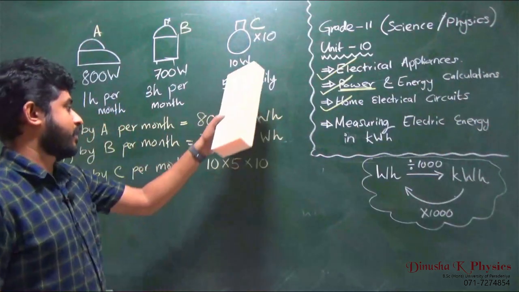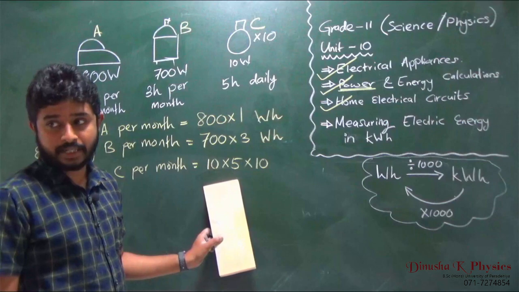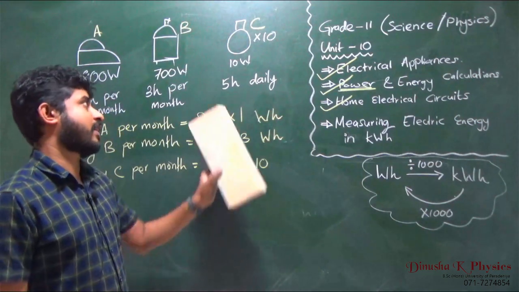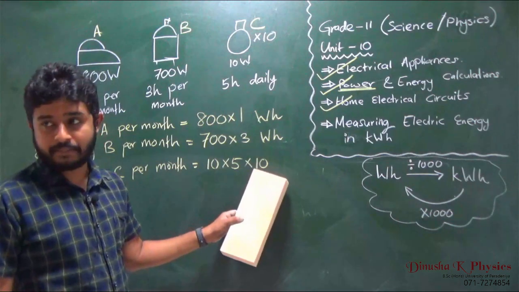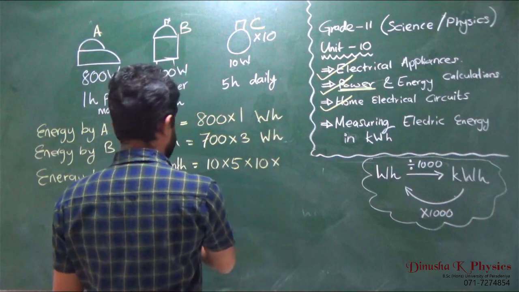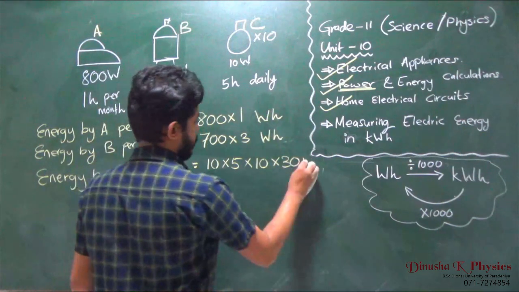You have to multiply the watt value by the number of hours worked daily, and again by 10 to get the total energy, and for per month this is multiplied by 30 again. So watt hours.